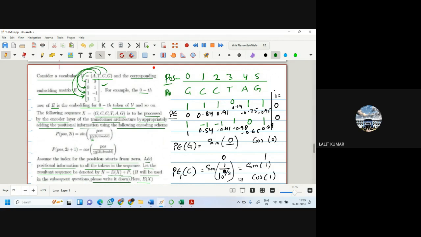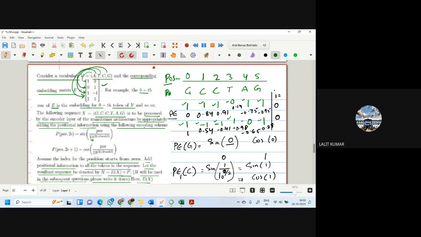This is your input GCCTAG. G embedding is 1 1, so we write 1 1. C we know is 1 minus 1, C again 1 minus 1, T is 0 1, A is 1 0, and G is again 1 1.